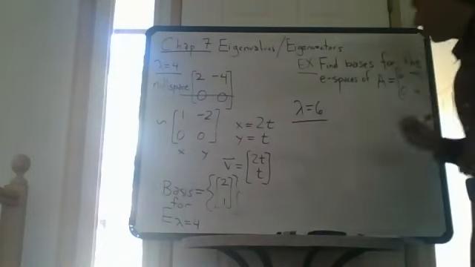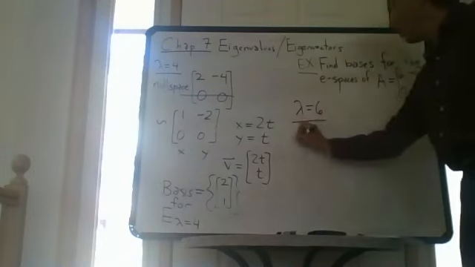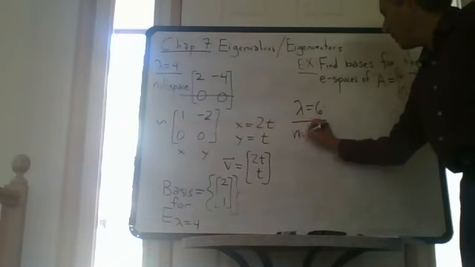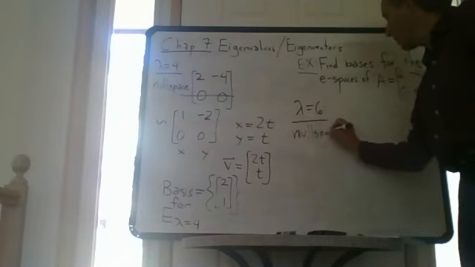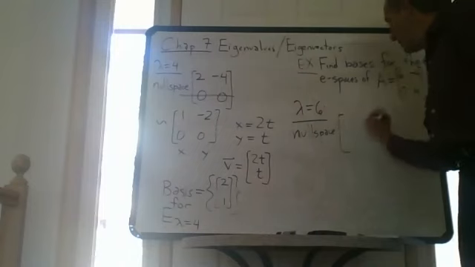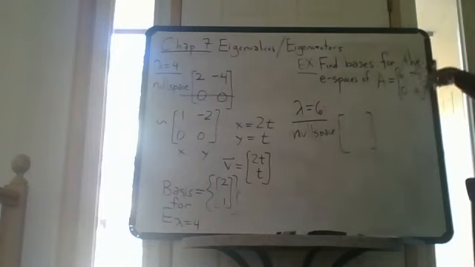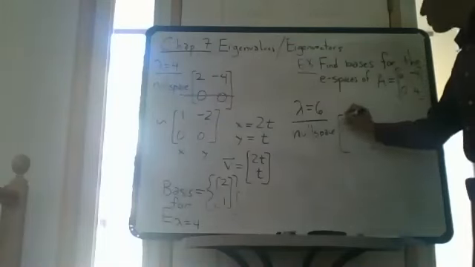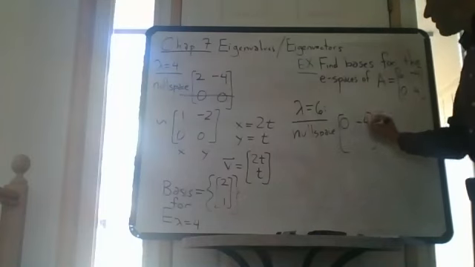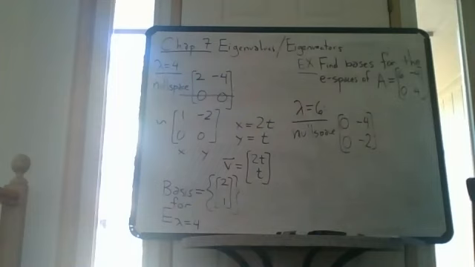In this case, we're going to be looking at the null space of the matrix that we get when we subtract 6 from the main diagonal of this 2 by 2 matrix A. So when I subtract 6 from the main diagonal, I'm going to get this matrix right here. So I've subtracted 6 from the matrix A along the main diagonal.